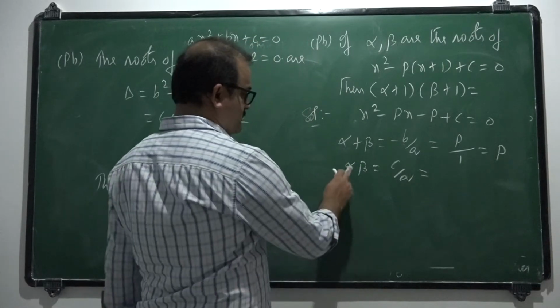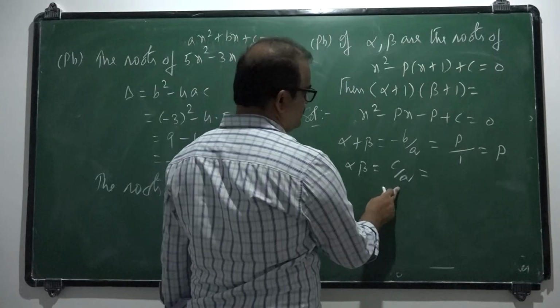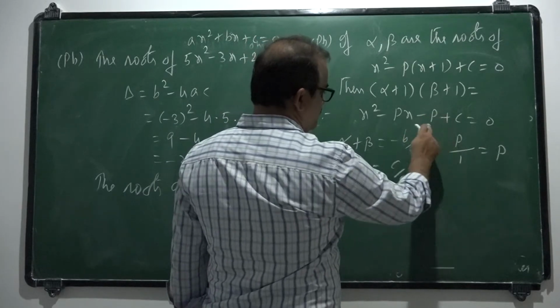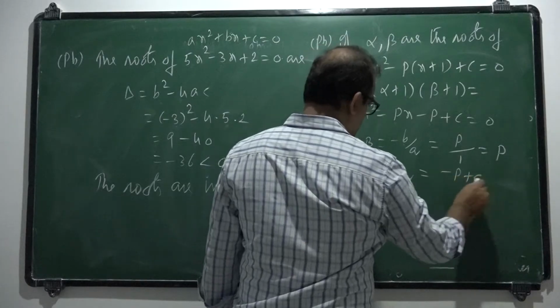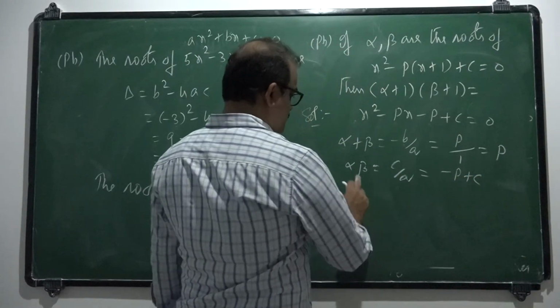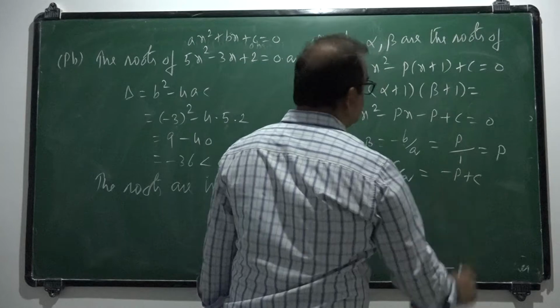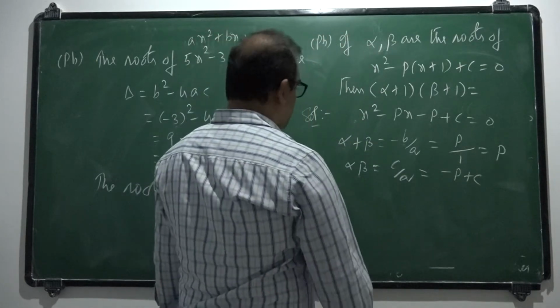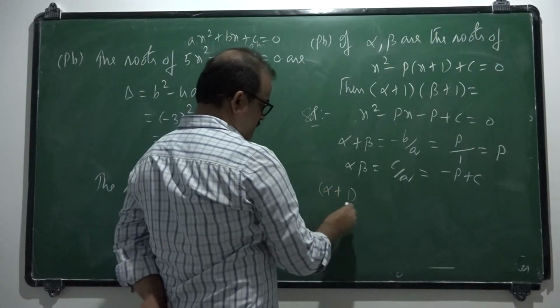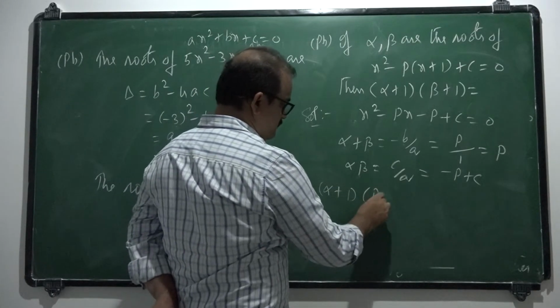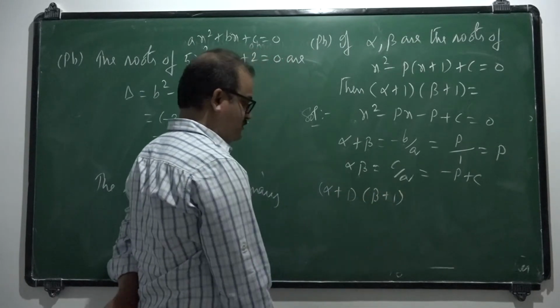Product of the roots alpha into beta is equal to c by a. What is the constant term here? Minus p plus c. A value is 1. So alpha into beta is minus p plus c. What we find here? Alpha plus 1 into beta plus 1.